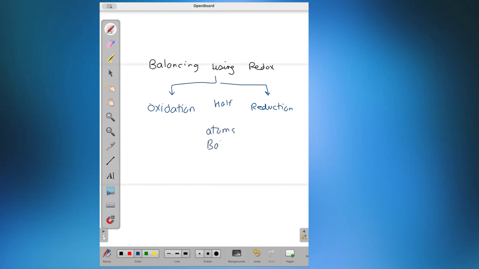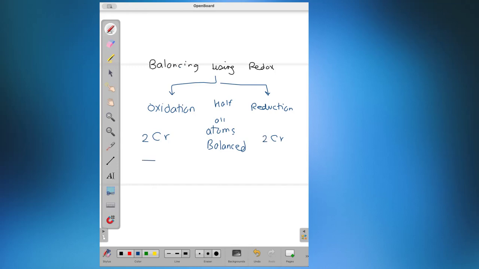By atoms I mean the atoms of anything which is not hydrogen and not oxygen. So are all atoms balanced or not. If I have chromium here and chromium here, and for example this is 2 and this is 1, I will put 2 here so that they will be balanced.